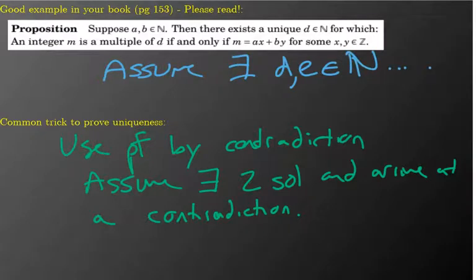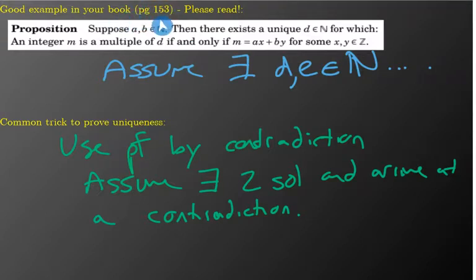And then we would arrive at hopefully some sort of contradiction when we're assuming that 2 things do it. And then the idea is, well, if we can't have 2 things do it, then there must actually only be 1. This is a really good problem because it's got existence, uniqueness, and an if and only if. So it's kind of long, but it's a good one to read.